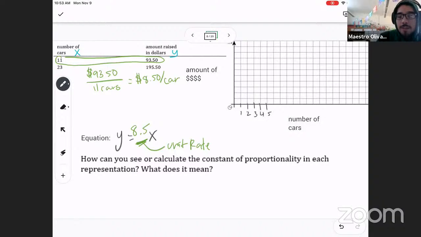We have to keep it consistent. And on the y-axis, same thing. If this is going to be $8.50, the second number better be 8.50 plus 8.50, which is $17. And so on, and so on.